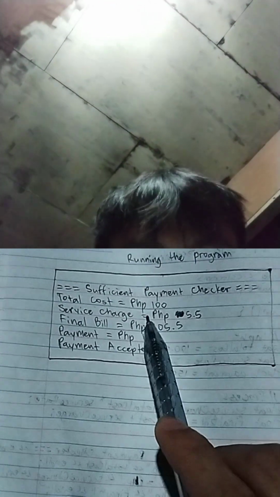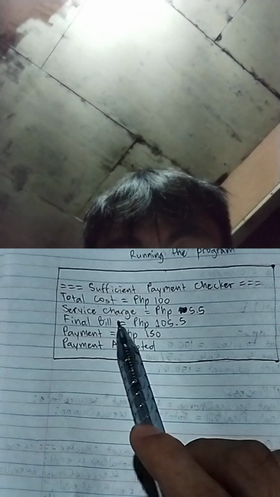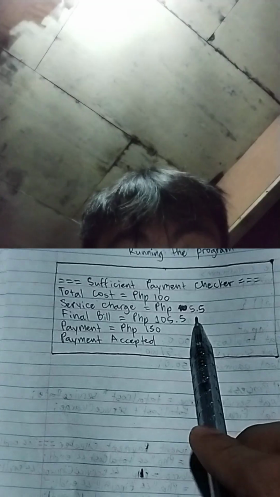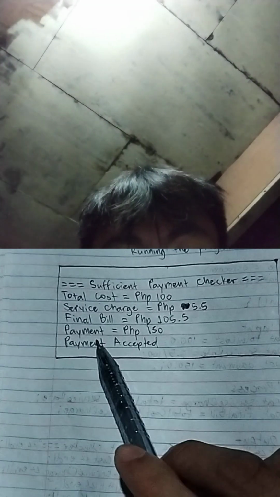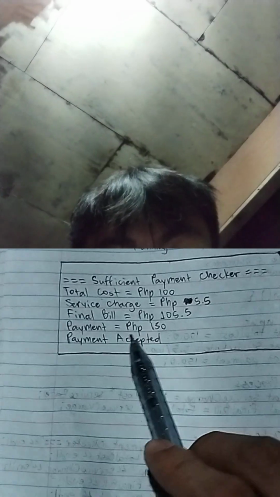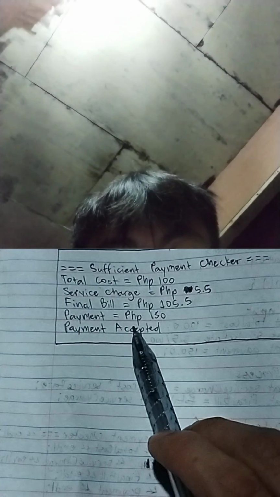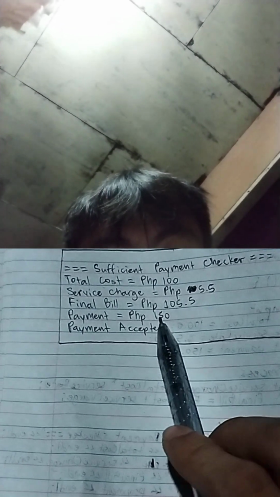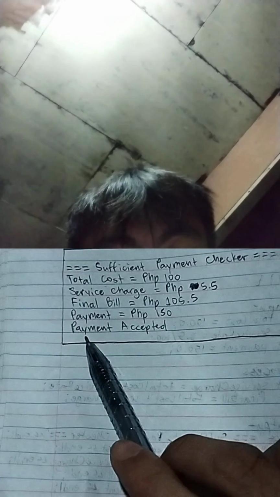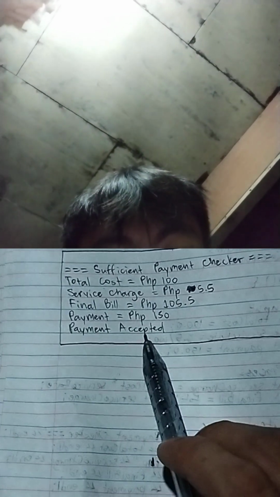So the total cost is 100, service charge 5.5, final bill equals 105.5 pesos. The payment is 150 pesos. So it is payment accepted because the payment is enough for buying all the charges and the bills.